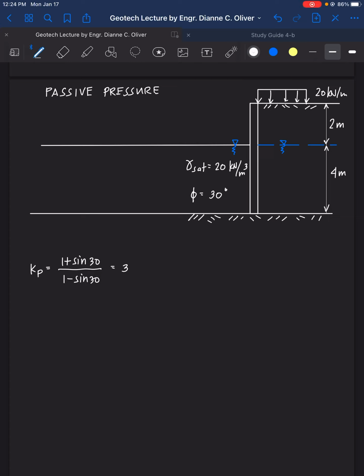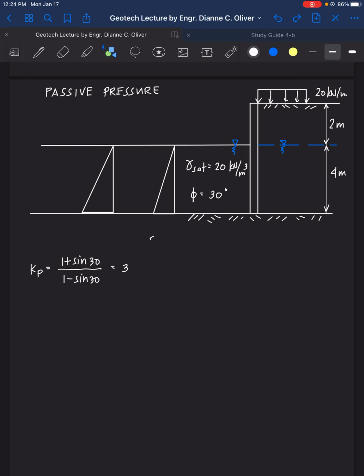Now, there is no cohesion, there's no surcharge. What we have is the soil uniformly varying, and the water also uniformly varying, because of the presence of the water table.